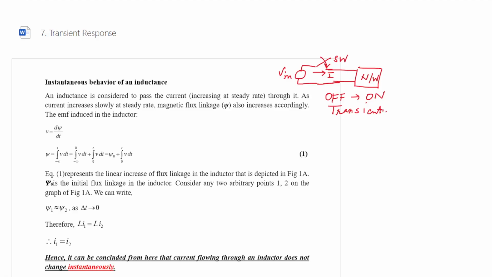So in electrical engineering we say that discomfort is called transient state. So whenever we press a switch from off state to on state, the network is undergoing a transient state, right? So transient means a disturbance.